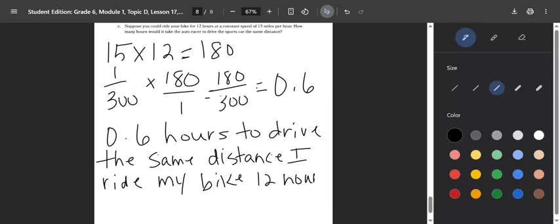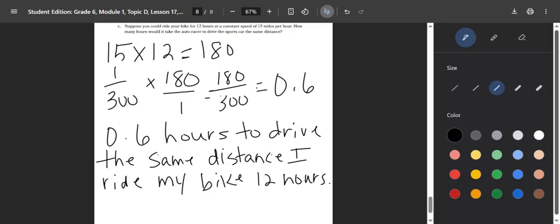Okay, and if you want to know how many minutes that is, just take your time value and multiply it by 60.